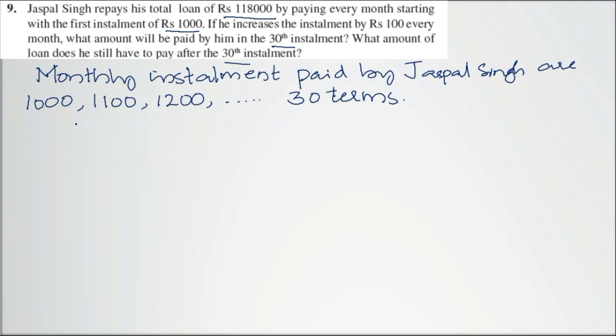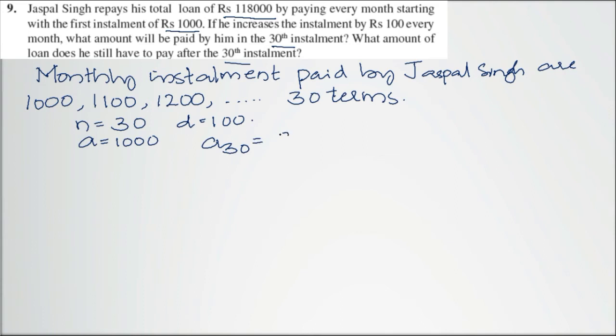So as per this, the number of terms n should be considered as 30. The first term is 1000 and the common difference here is rupees 100. We need to find out for the 30th term.